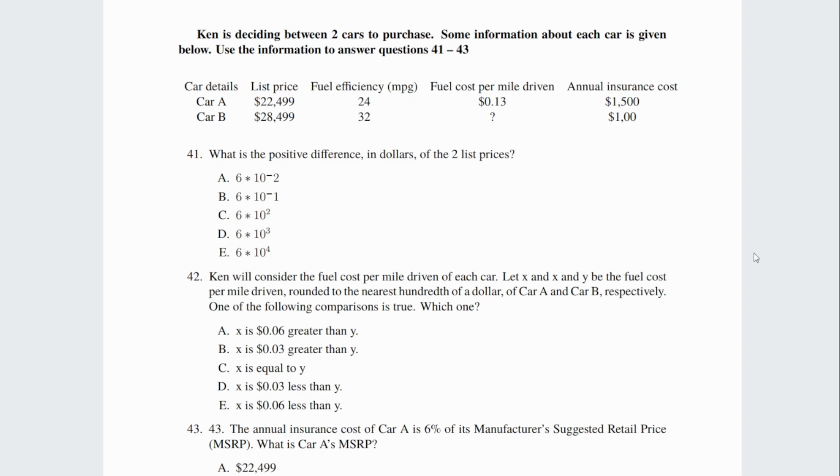Okay, so first we're asked, what is the positive difference in dollars of the 2 list prices? And we can see that the positive difference is $6,000. But these are listed in scientific notation. And we can know that if it's $6,000, it's going to be 6 times something, times 10 to something.